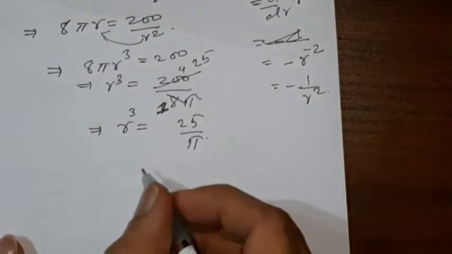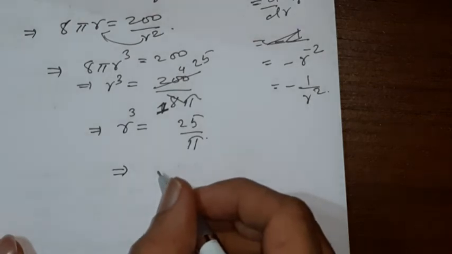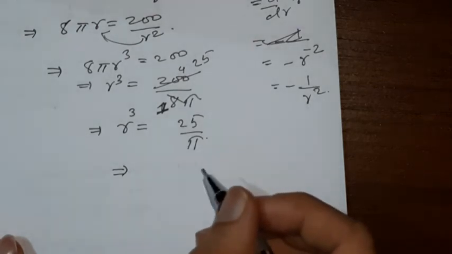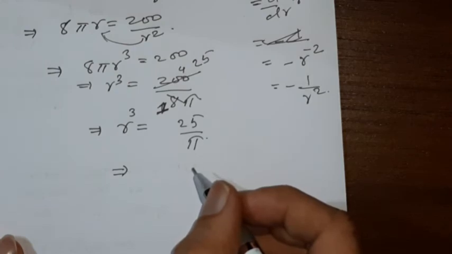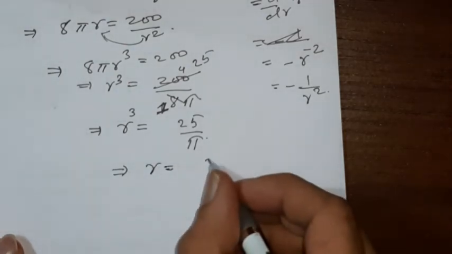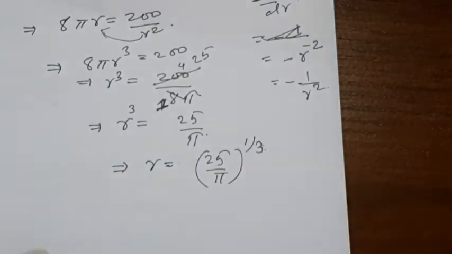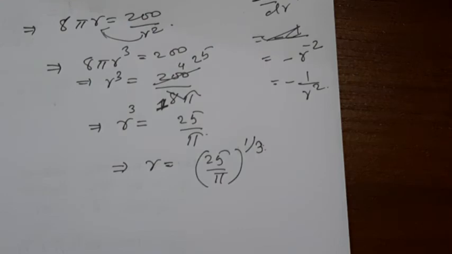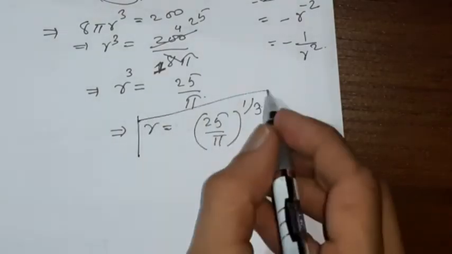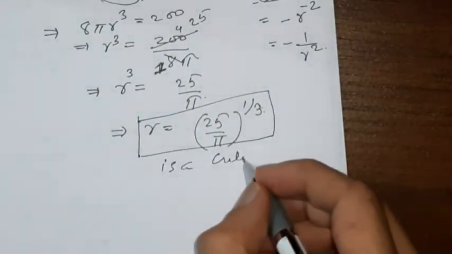So r is equal to 25 by pi raised to 1 by 3, the cube root. This is what we have, and this is the critical point.